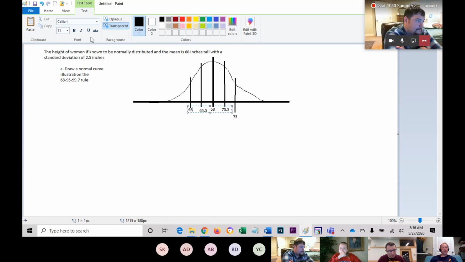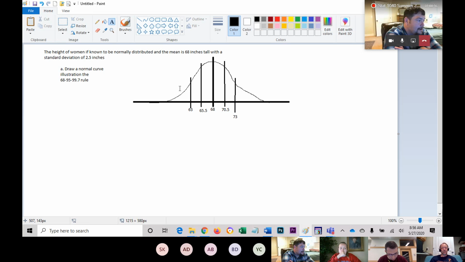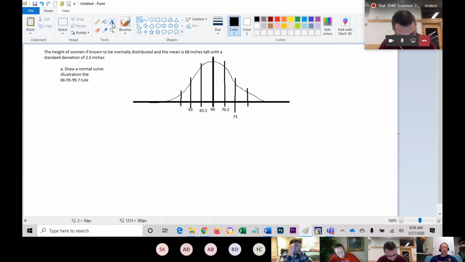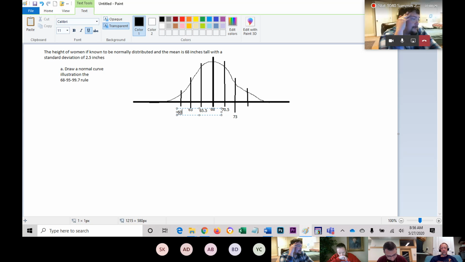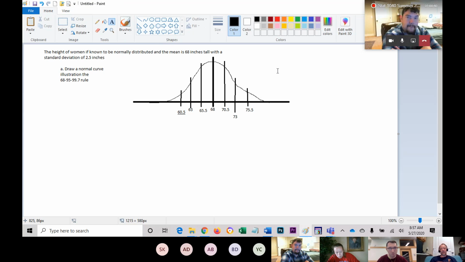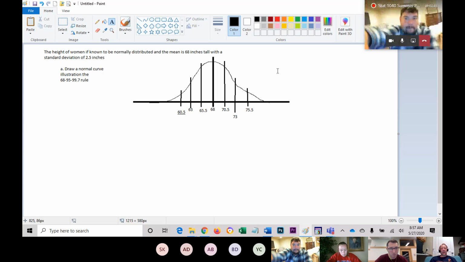And then draw our 3 sigma. And you'll get 60.5 on the lower end and 75.5 on the upper. Okay. All right. Well done.